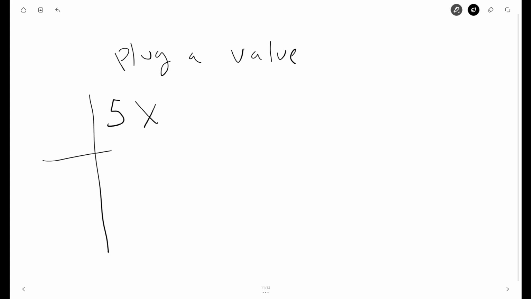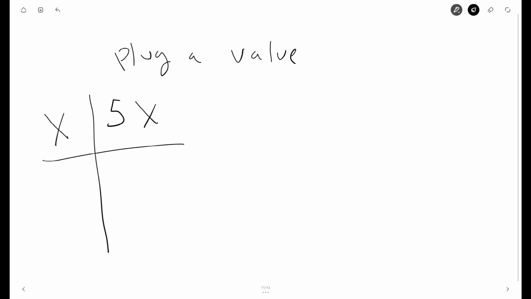So let's look at one example right now. To demonstrate how to plug in a value, let's say we have 5x, and let's create a table.